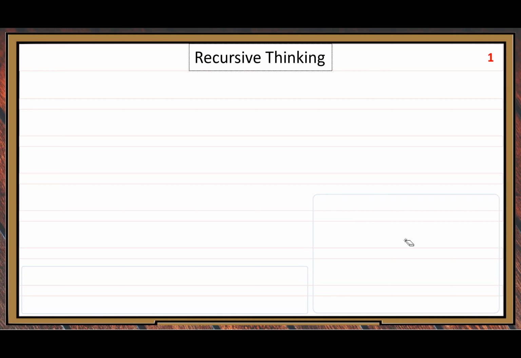We are used to non-recursive thinking. But here, to solve a large class of computing problems, recursive thinking is a very useful method. All right, so let's see the question, why recursive thinking is important in problem solving.